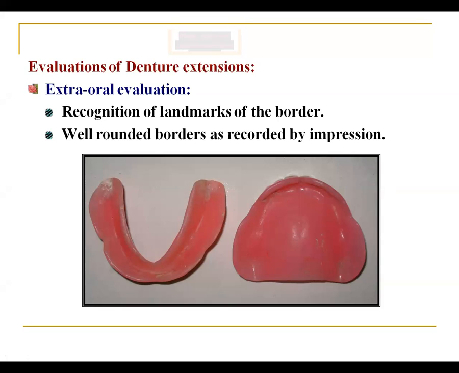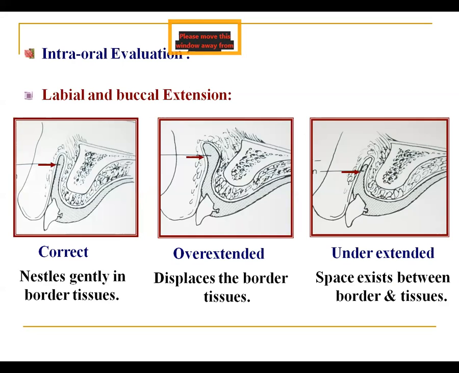The morphology of your face will be changed. So extraorally, if there is any elevation at the border of your denture, that means the border is overextended.